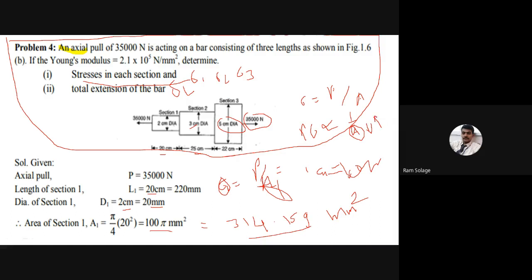Whenever area will be maximum, trace will be minimum. So check section number 1. The area of section number 1 should be minimum, so that trace will be the maximum. Suppose they are asking the question, calculate the maximum trace. Just we have to check the cross section area. Cross section area will be minimum, trace will be the maximum.